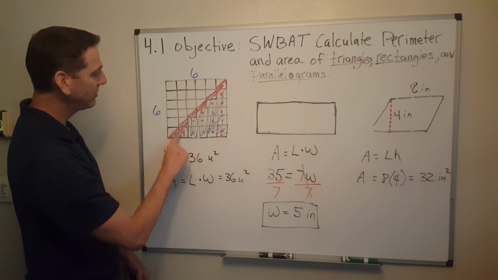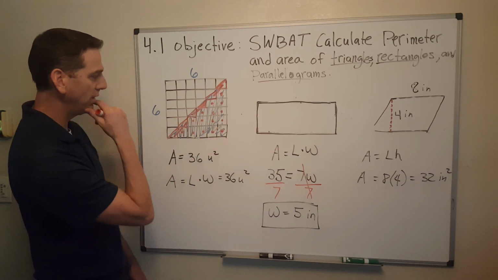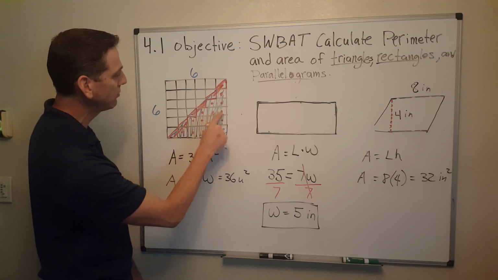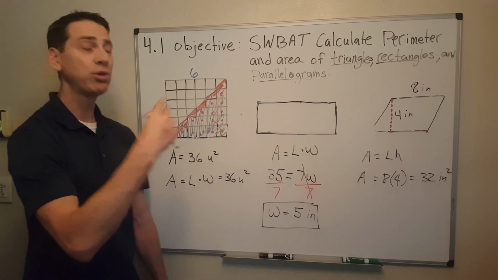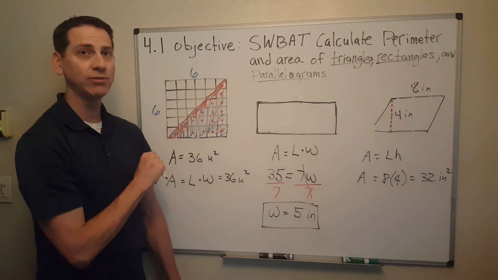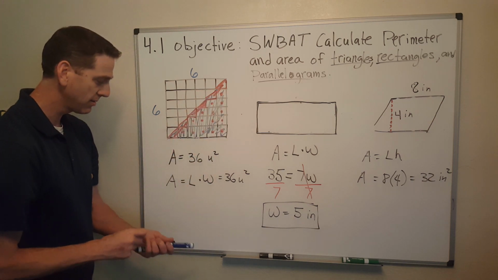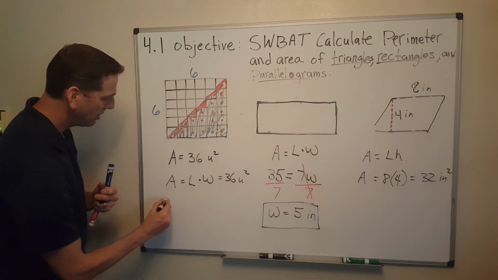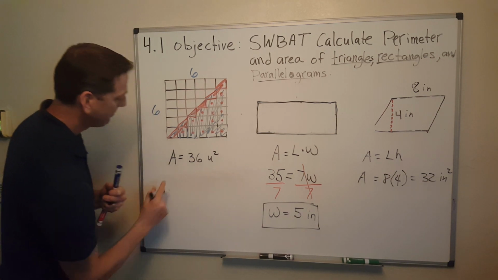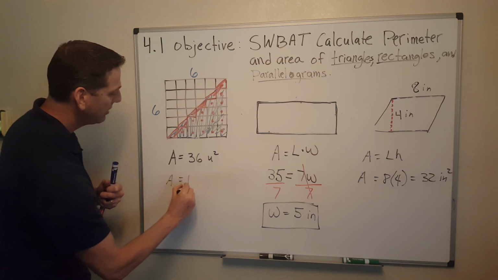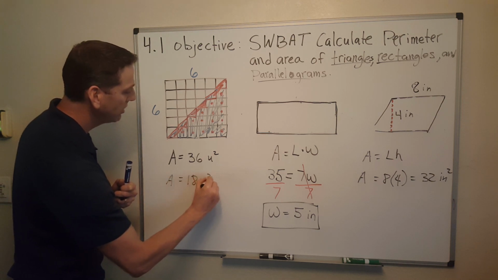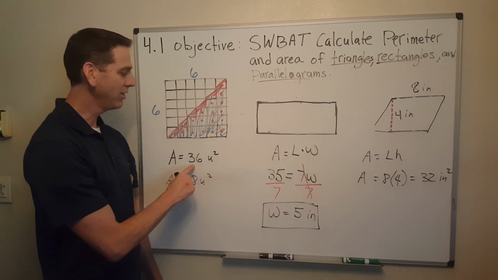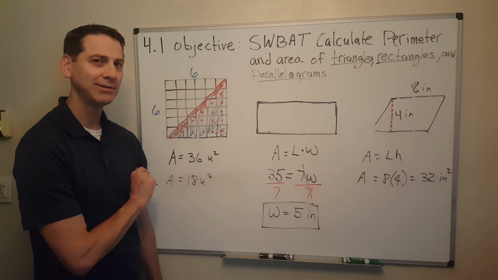So if I add the 3 to the 15 we had, plus the 3 from these rectangles, that's 18. Correct? So the area here is 18 units squared. Now, question. What is half of 36?